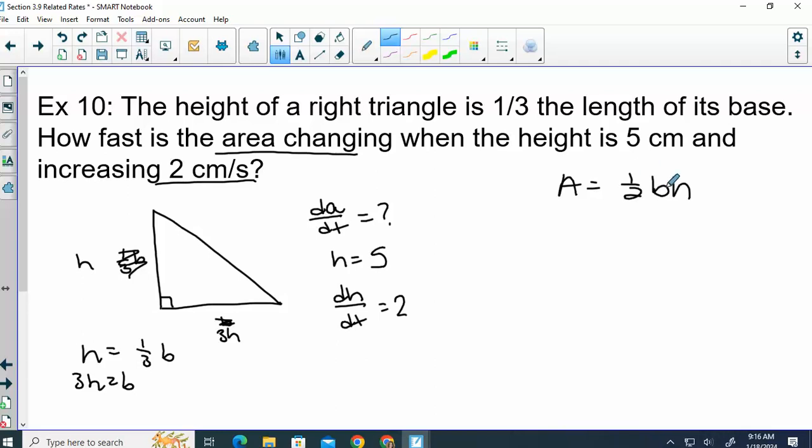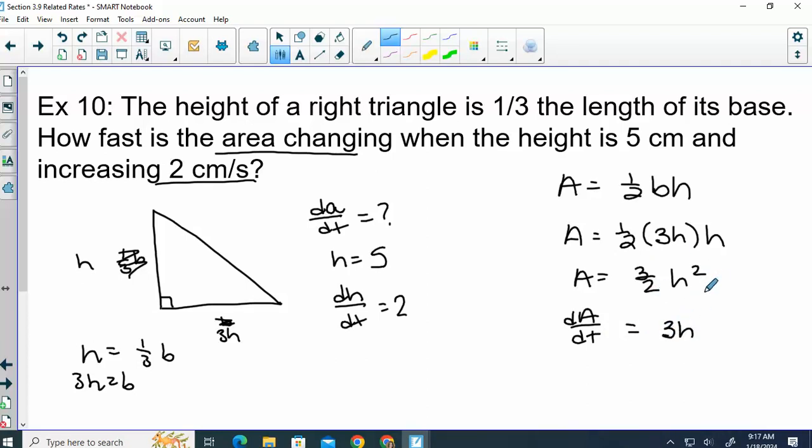So we'll plug that in before doing the derivative. Instead of base, we're going to call that 3 times the height. So my area is 3/2 h squared. Now we can do the derivative. The derivative of A would be dA/dt. The exponent comes down, so 3/2 times 2 is 3h. Subtract 1 from the power, and then times dh/dt.